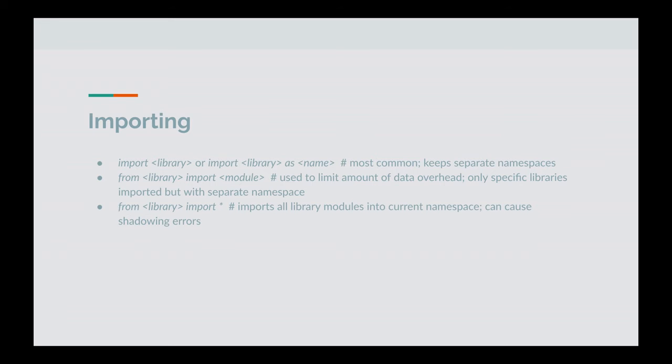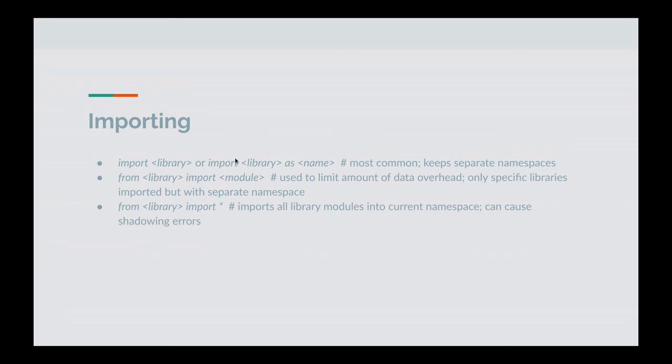There's a couple of different ways to import modules. The most common is to call import library or import library as name. So we saw that we had import math. What you may also see, especially if you're doing data science, is a lot of import numpy as np. So you don't always have to type numpy every time.